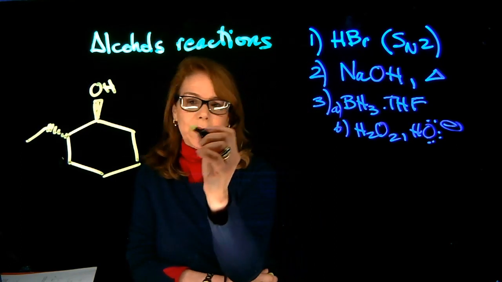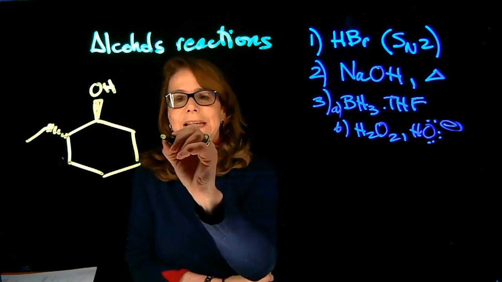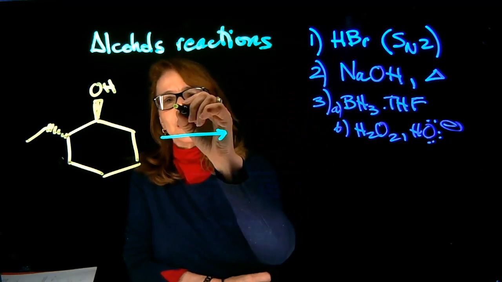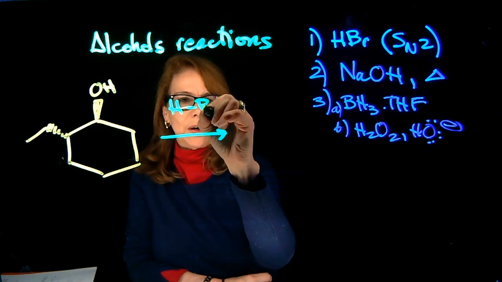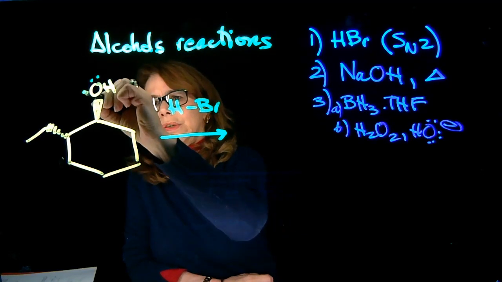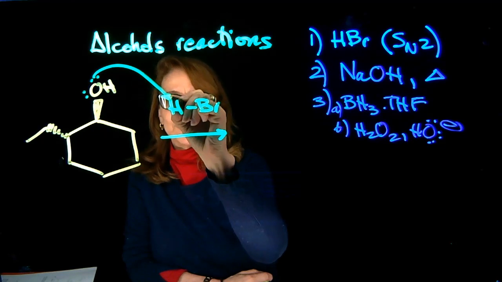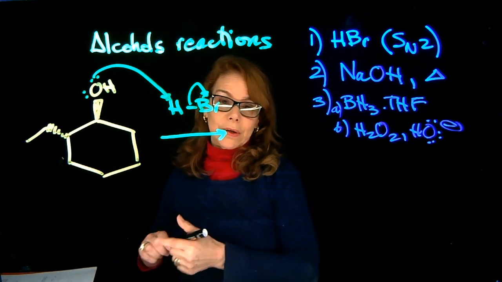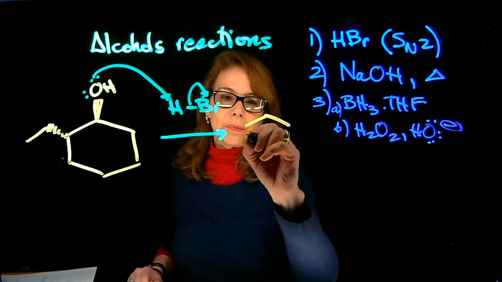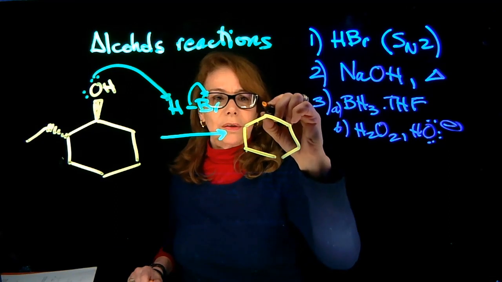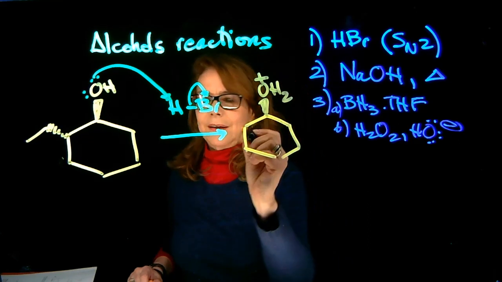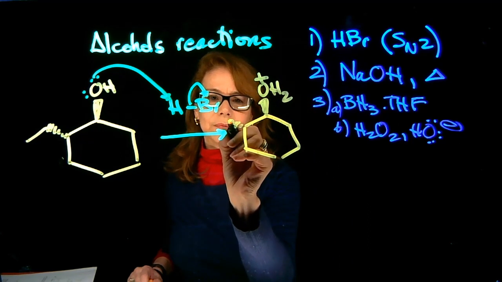Because OH is a bad leaving group. When we have HBr or any acid, we're going to be protonating the OH. In that form, we have a much better leaving group. Now this is a good leaving group, the protonated alcohol.